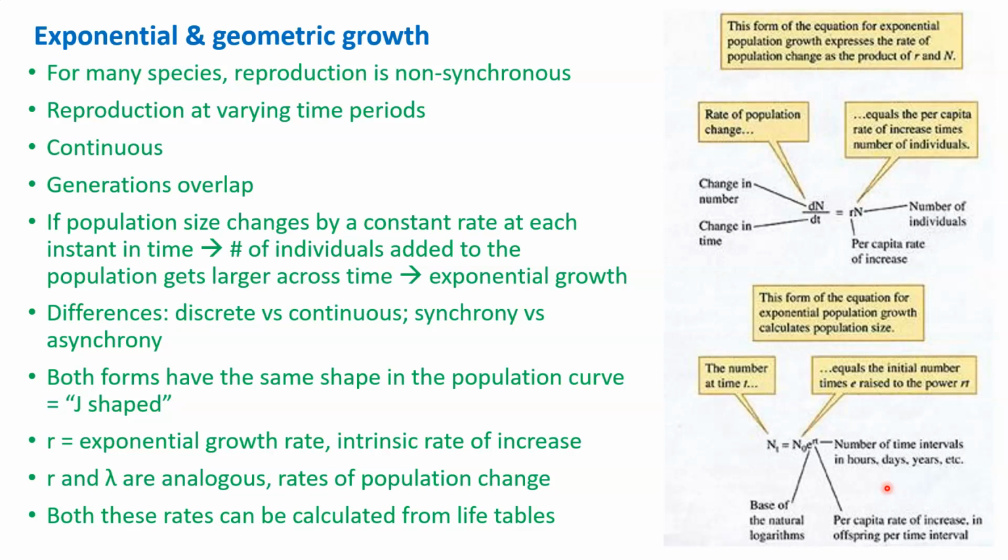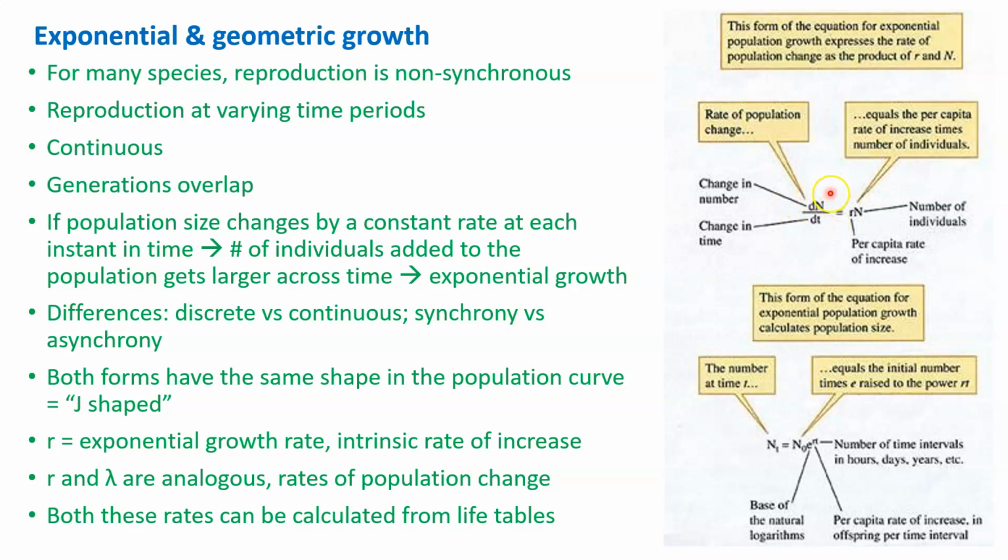If you look at the model, you see the formula. On the left hand side, you're looking at the differentiation function. This lowercase d to n means what? A very small change in the population size within a very small time frame. This is what dN divided by dt means.